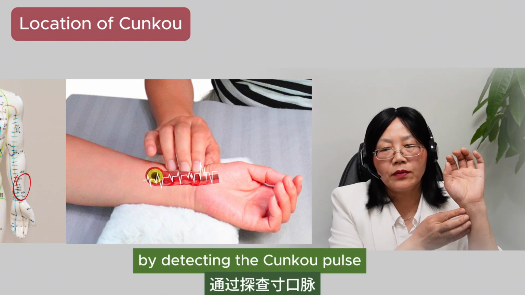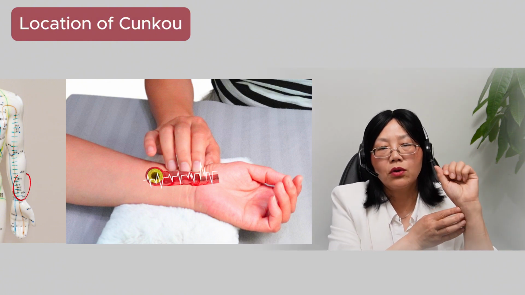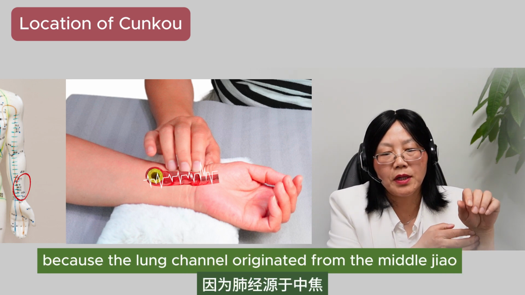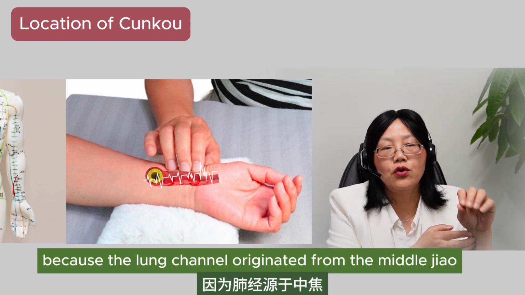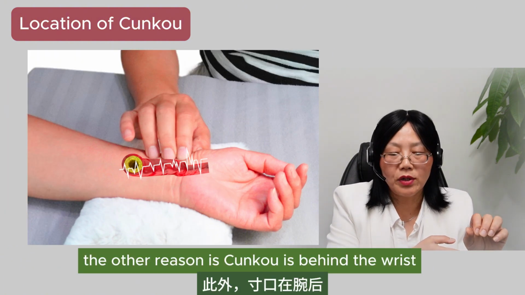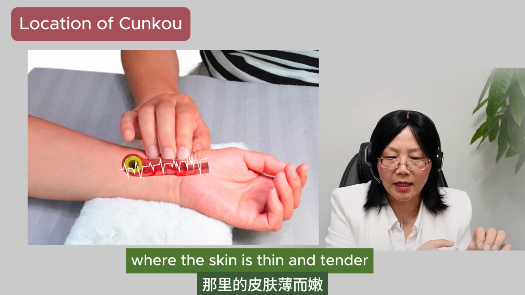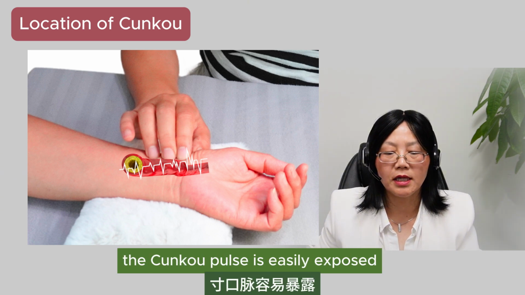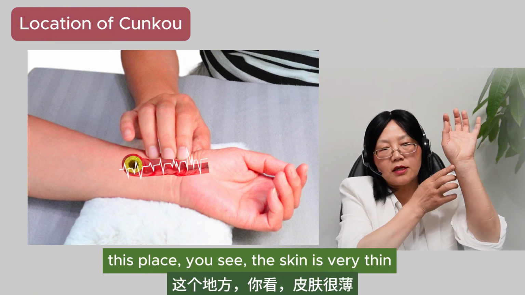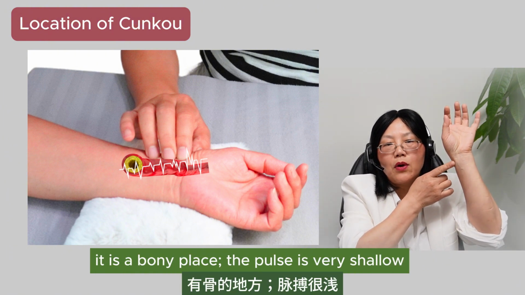By detecting the Cunkou pulse, you can also detect the stomach and spleen qi, because the lung channel originated from the middle Jiao. The other reason is Cunkou is behind the wrist, where the skin is thin and tender. The Cunkou pulse is easily exposed. This place, you see, the skin is very thin. It is a very bony place.